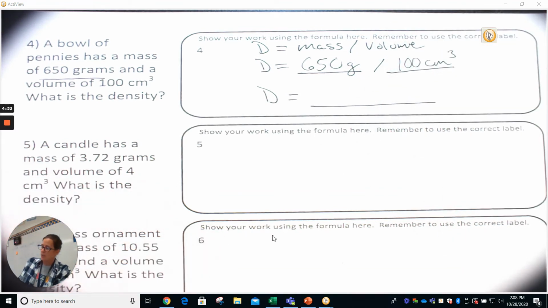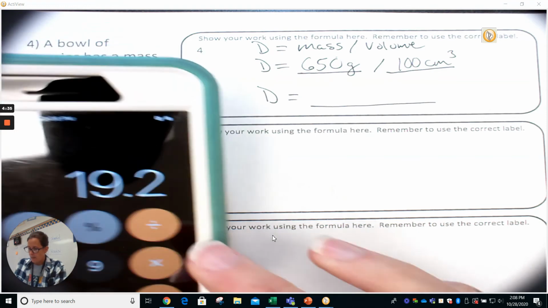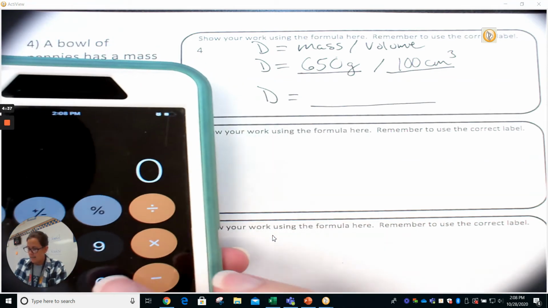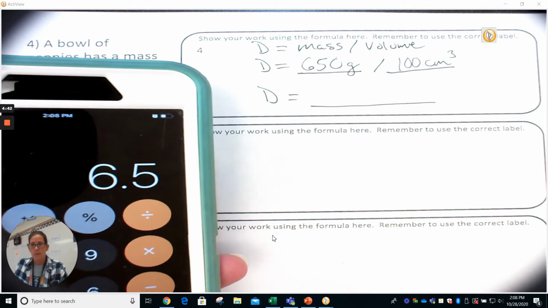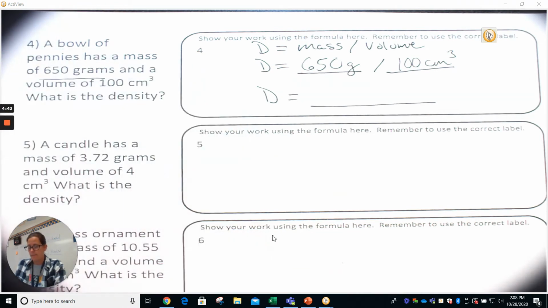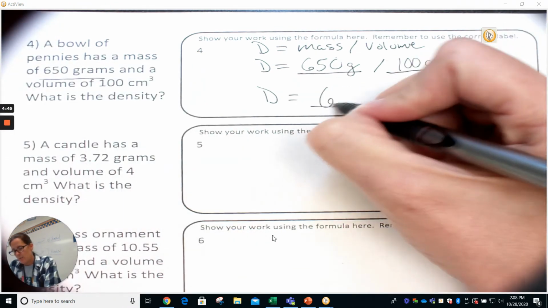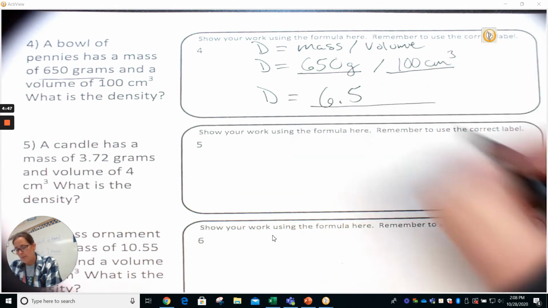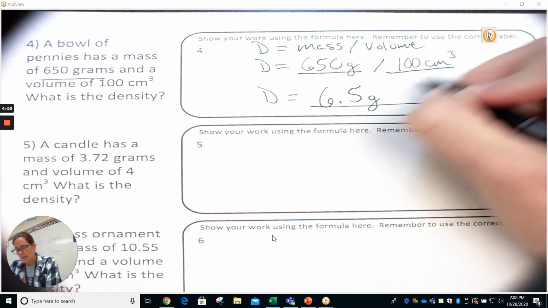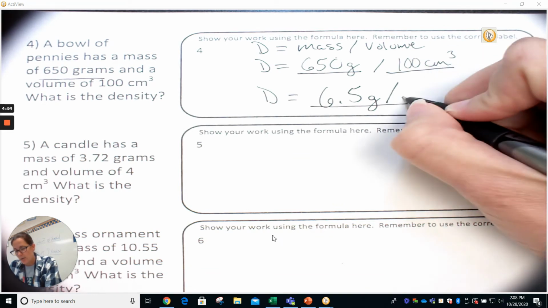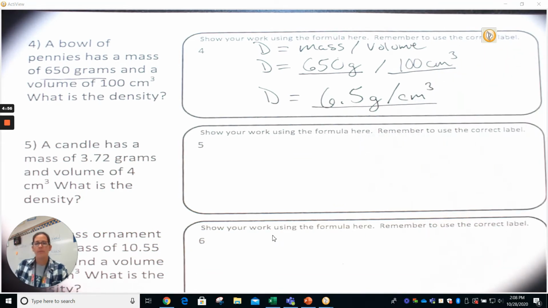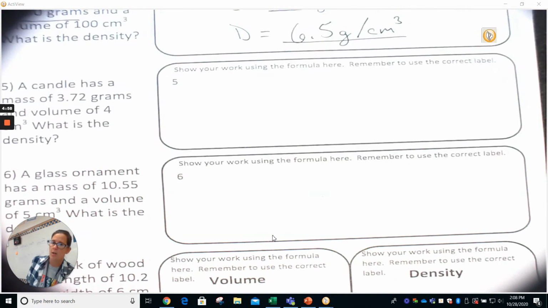Okay, we'll plug it into our calculator. I'm going to clear that one. So we've got 650 divided by 100 equals 6.5. So I'm going to put 6.5 here, and remember to bring down your units. So I'm going to put grams per centimeter cubed. Okay, we're plugging along here.